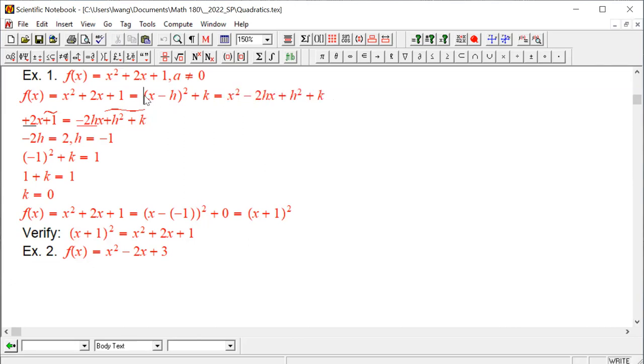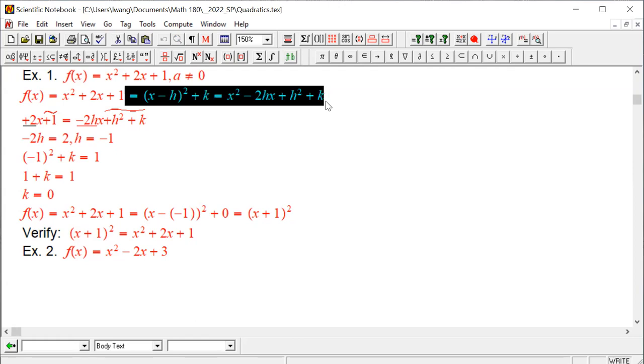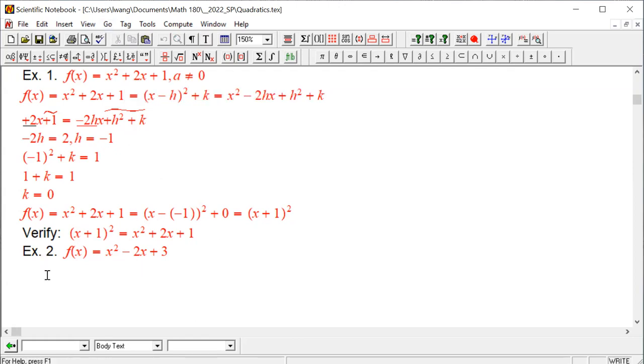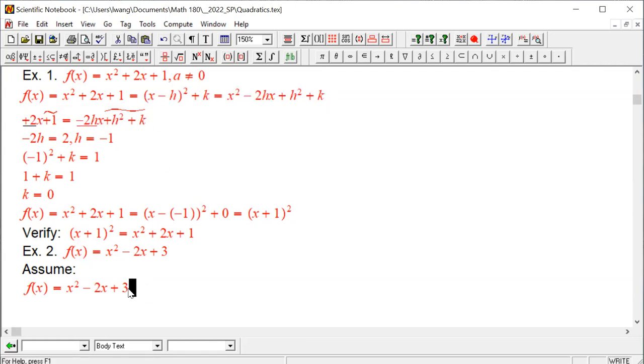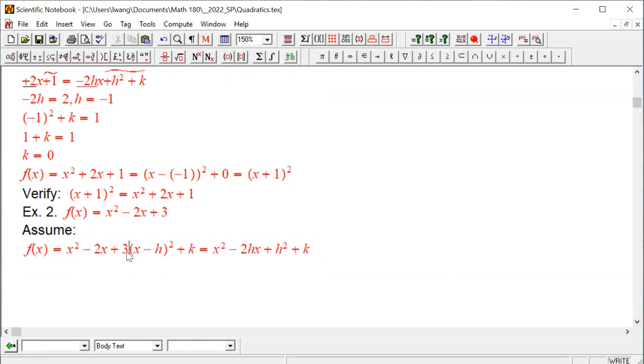Okay, so we assume there is a perfect square form. What do we assume? We assume that this form can be written as the perfect square form, and the perfect square form is going to be expanded. So this is going to be true.